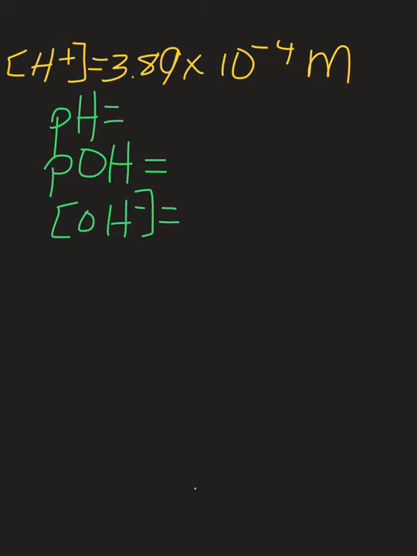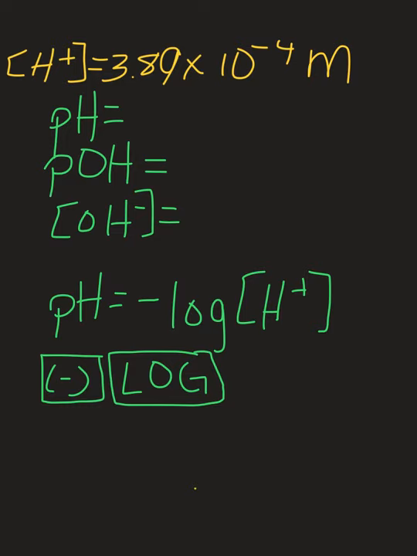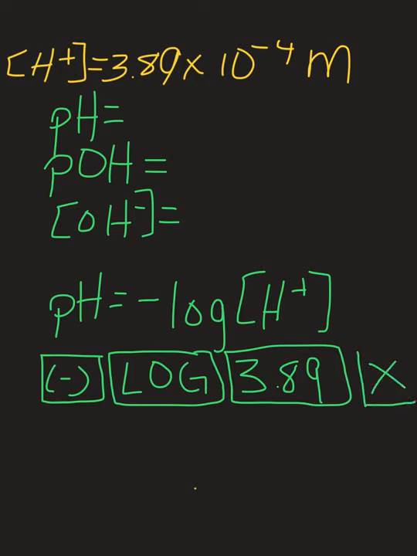So remember our formula. If we want pH, it's just going to be negative log, type in the concentration. So on your calculator, you would hit the negative key, the log key, and then the concentration, okay? 3.89, you would type that in. The multiplication symbol.